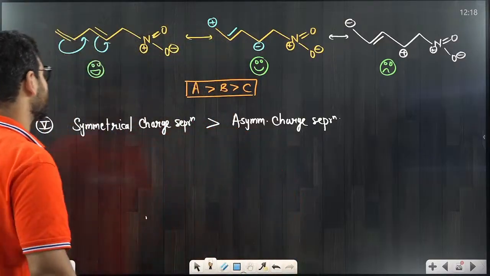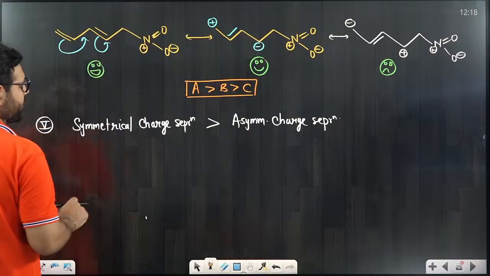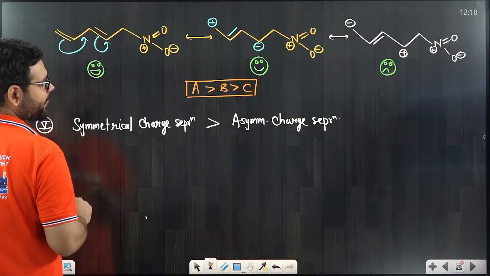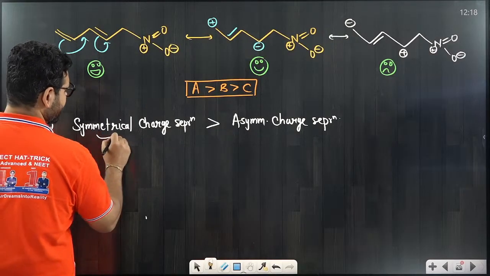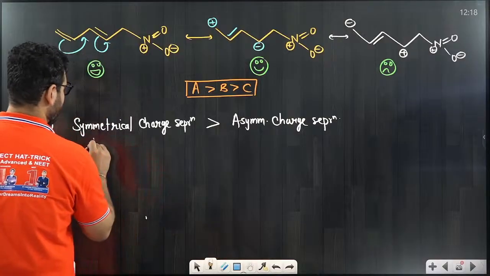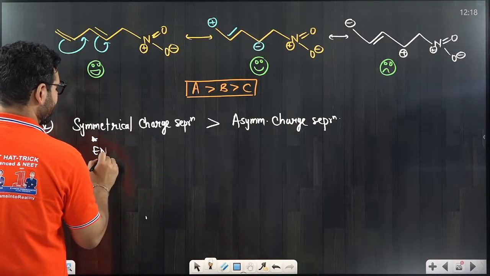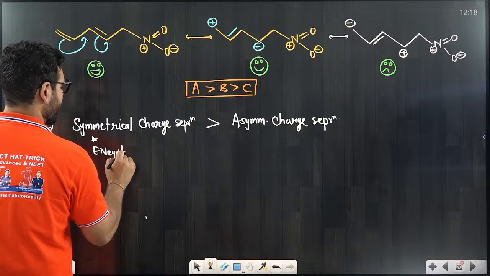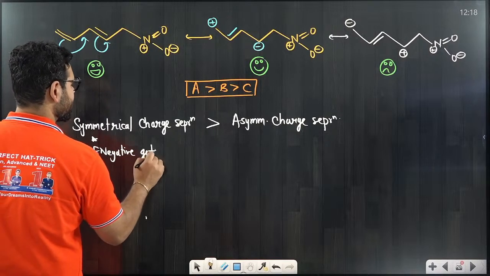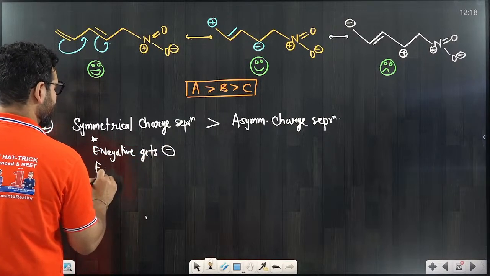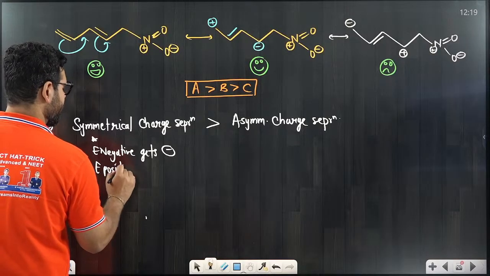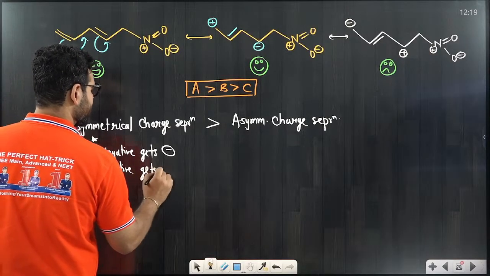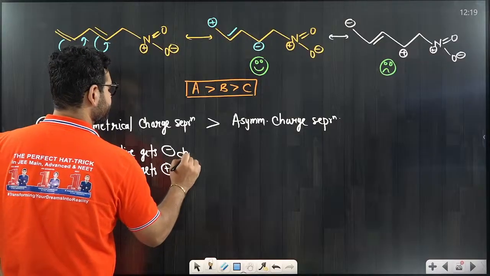So you can just mention this point. Symmetrical charge separation is better than asymmetrical charge separation. Symmetrical means electronegative gets negative charge, electropositive gets positive charge.